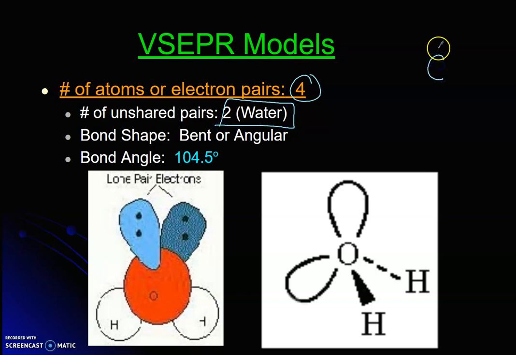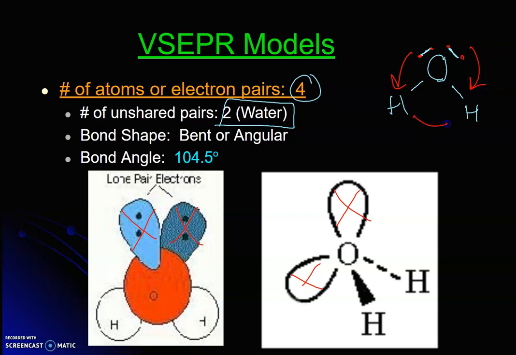So it starts with having that tetrahedral shape, but 2 of them are taken out by these lone pairs that are here. These lone non-bonding pairs push down on the hydrogen.